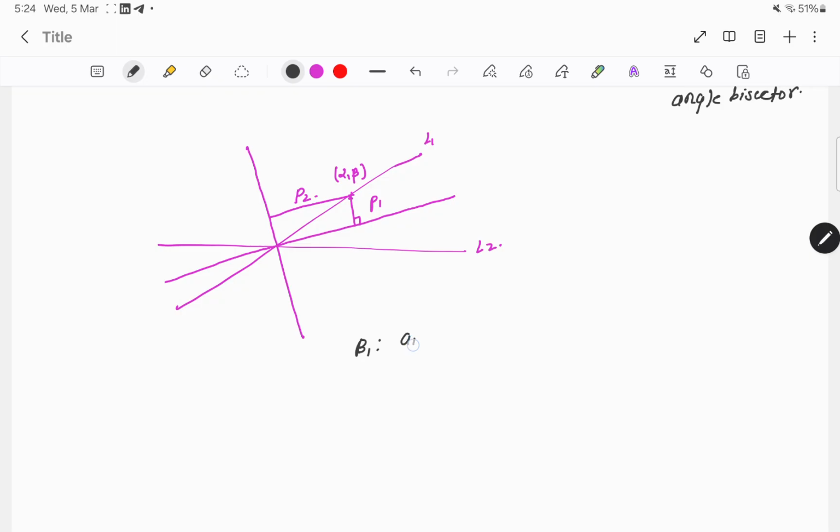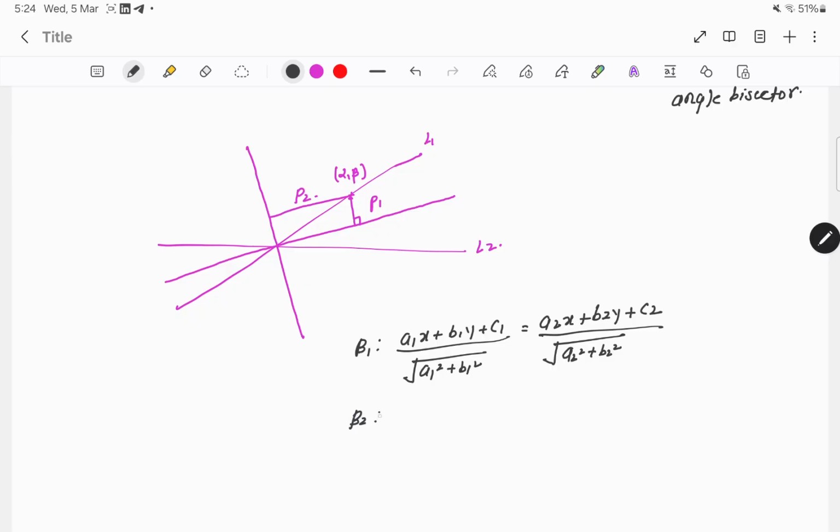Now again, beta 1: you know, (a1x plus b1y plus c1) by square root of a1 square plus b1 square equals (a2x plus b2y plus c2) by square root of a2 square plus b2 square.